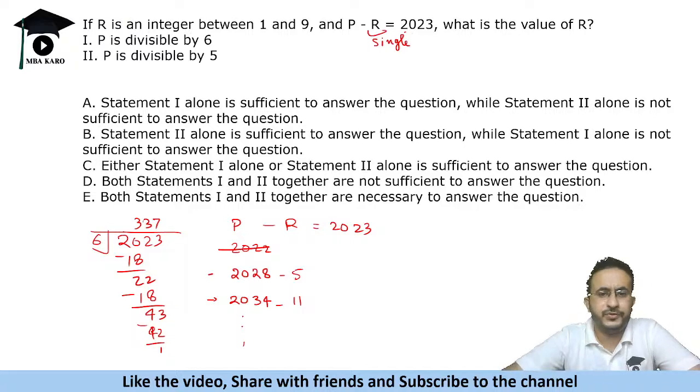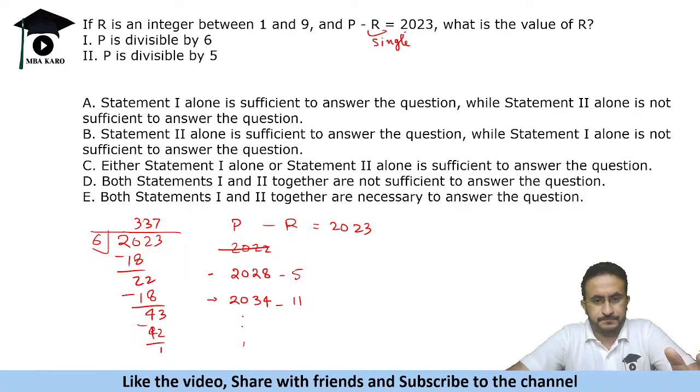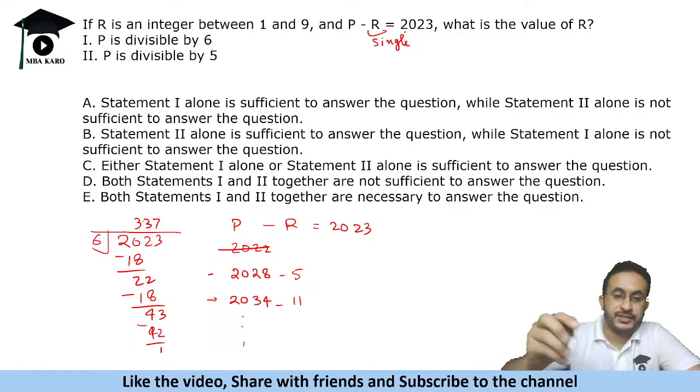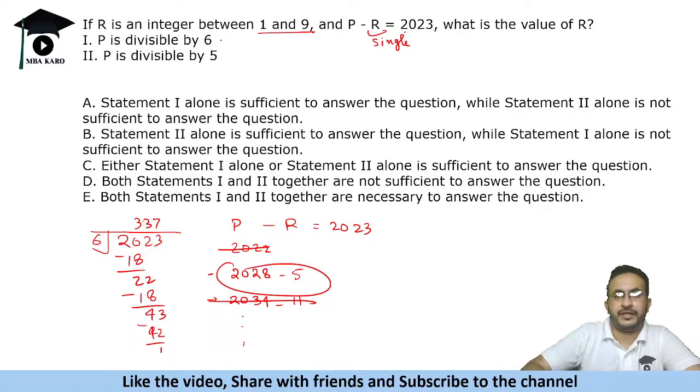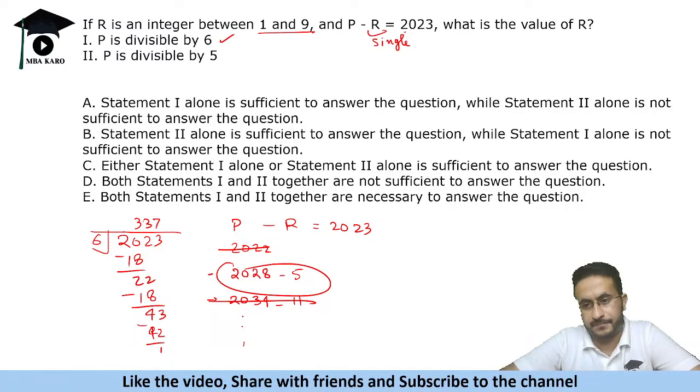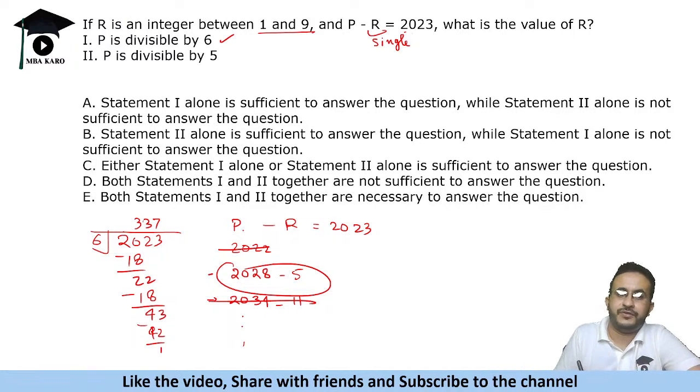But can we find the unique value of R? What is the principle of data sufficiency there? That we should be able to get a unique value, isn't it? So इसमें unique value आ रही है? Yes, because R तो between 1 and 9 है ना, so R cannot be 11. So we are getting a unique value from this statement. Okay. But that does not mean that this is the answer, because you might get the answer from statement 2 also.